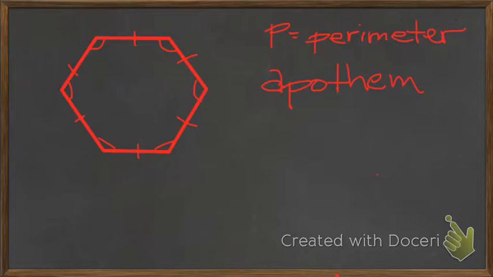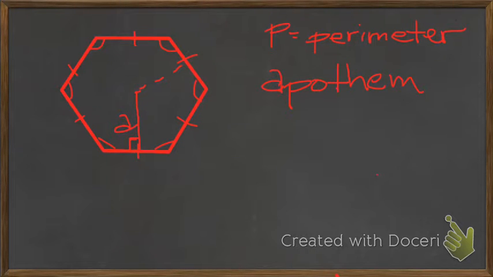The apothem is the distance from the center to any of the sides. So this here would be the apothem. We could just as easily draw an apothem over to that side. And it being the shortest distance, that makes this a right angle.